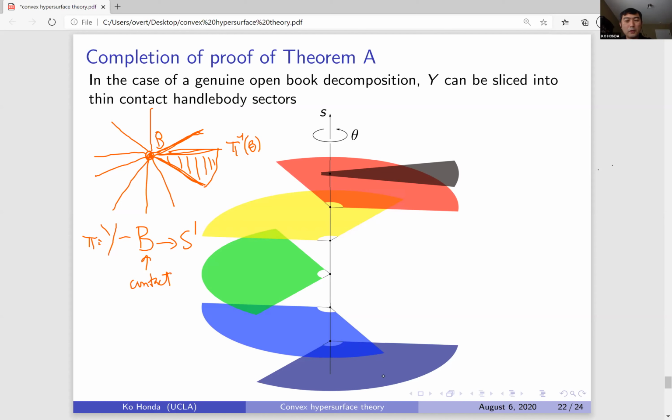You have a first mushroom at the very bottom, and then a little bit further in the S1 direction you have another one, and so on. I want an upper bound on the number of such things, and with some technical stabilization you can get an upper bound like 6.